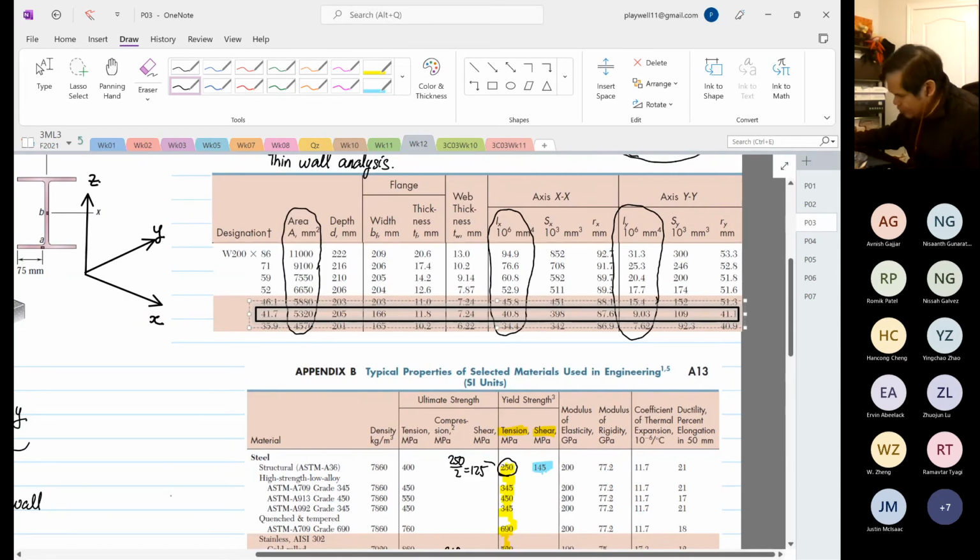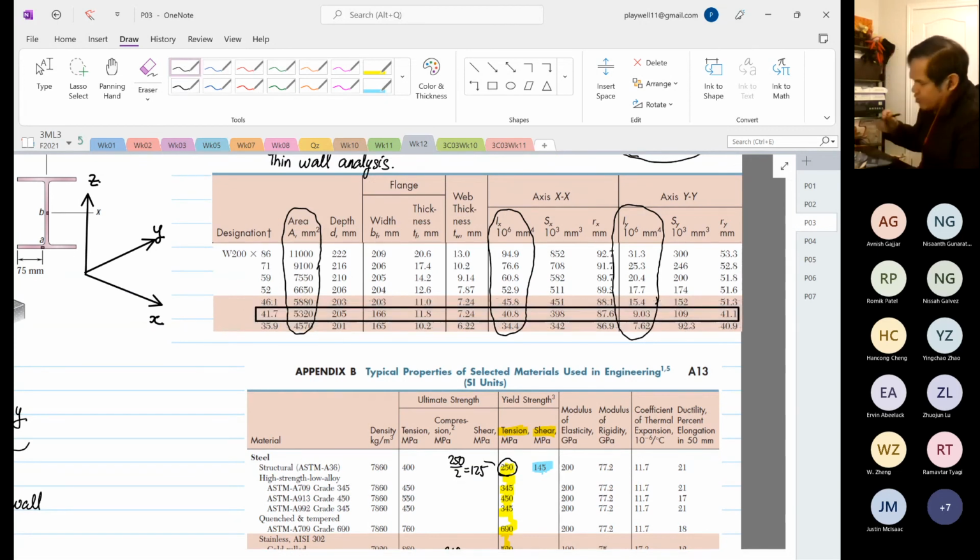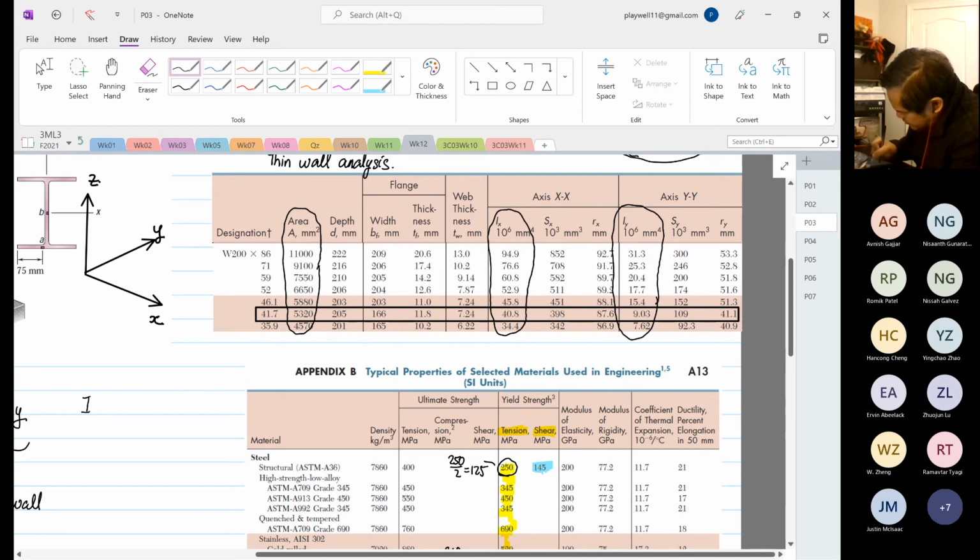So if that's what we're going to use, we know that our Ixx, so it's less confusing now, because we follow the transformation, is equal to 40.8 times 10 to the power minus 6 meter^4.